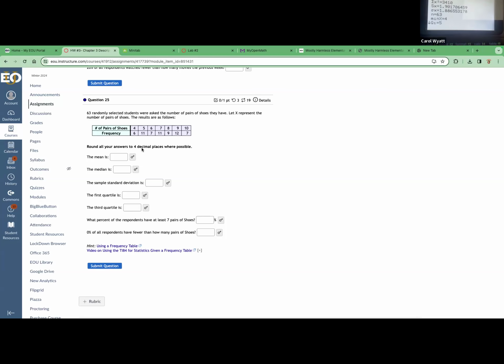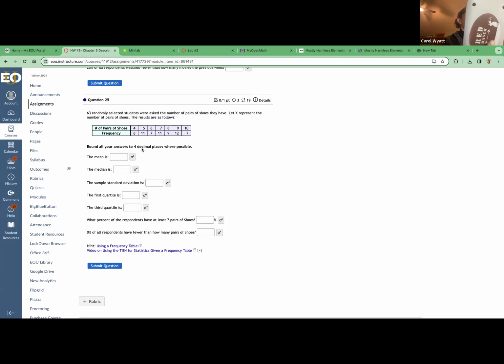The median, if I scroll down here, is 7. The first quartile, which is the 25th percentile, is 5. And that just says Q1 right there, 5. The third quartile is Q3, and that says 9.